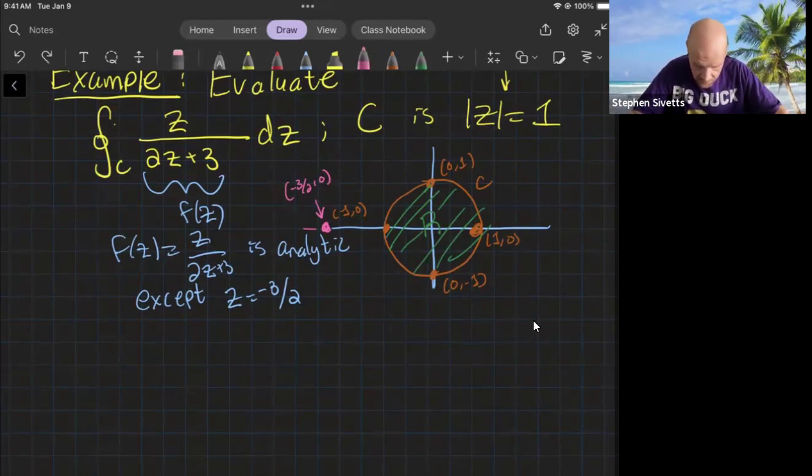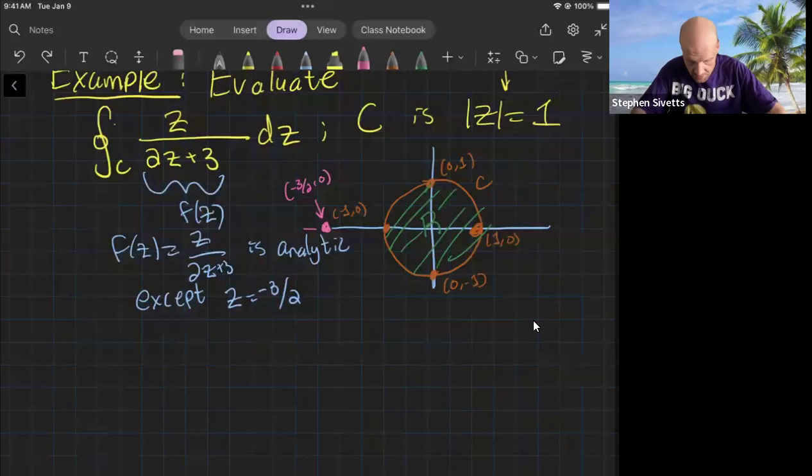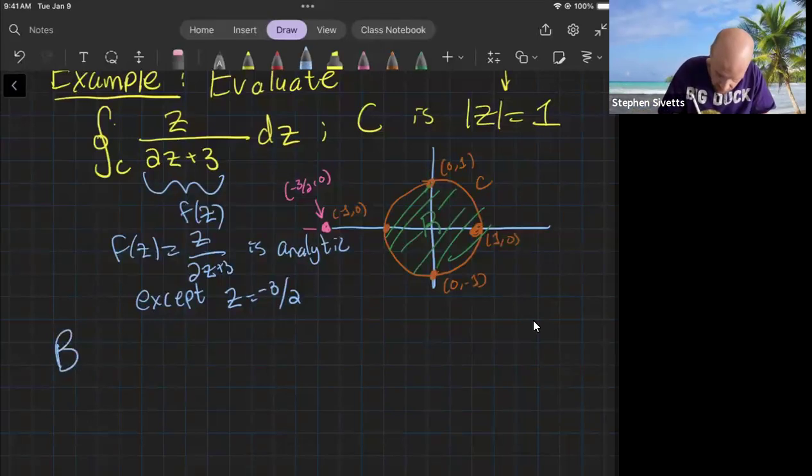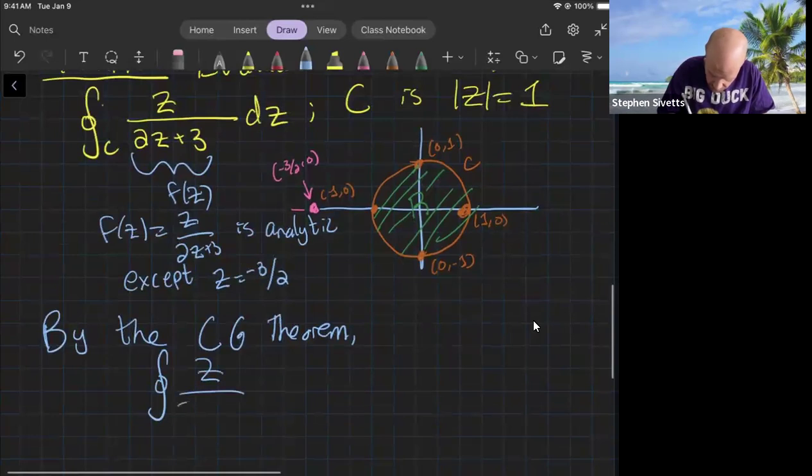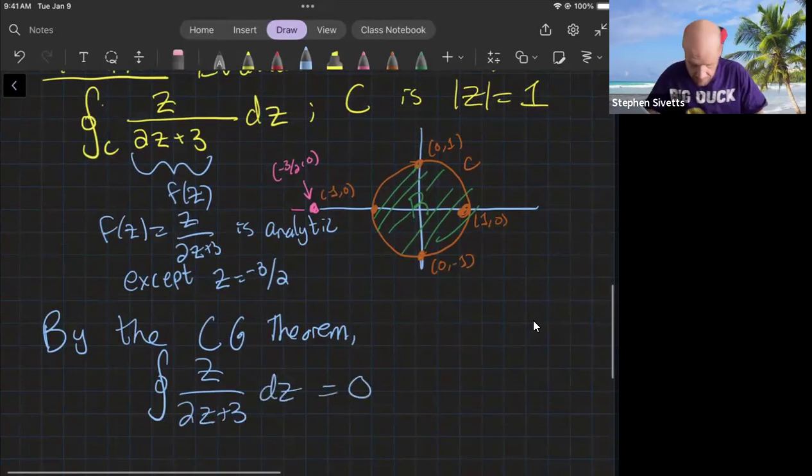So we're golden. We have a closed contour, and we can define a parameterization of that closed contour. By the Cauchy-Goursat theorem, this line integral of z divided by 2z plus 3 dz is 0.